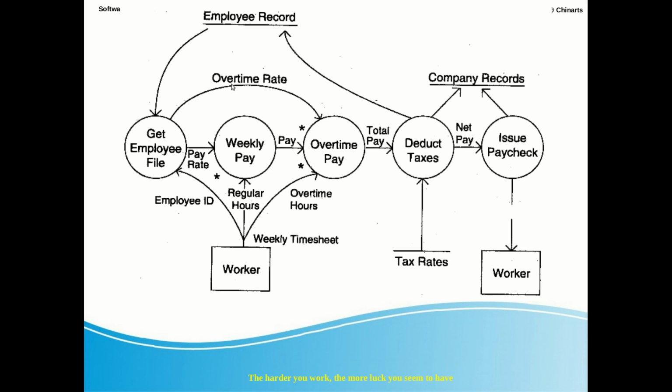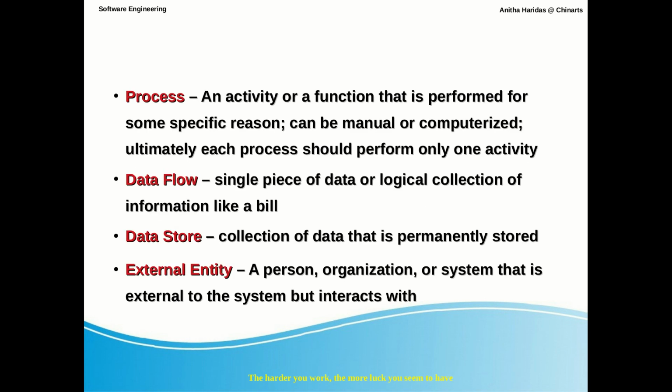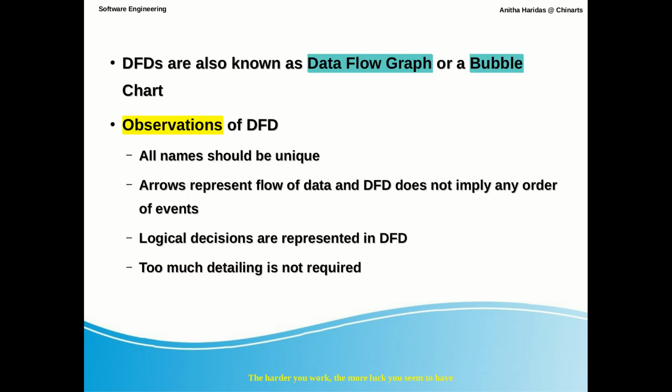That order of events is not specified. Order of the process is not specified. It is just simply specifying how the data flows for each and every process. For each and every function, what is the input, what is the output, from where the input comes and to where the output goes. That is what is represented in a data flow diagram.